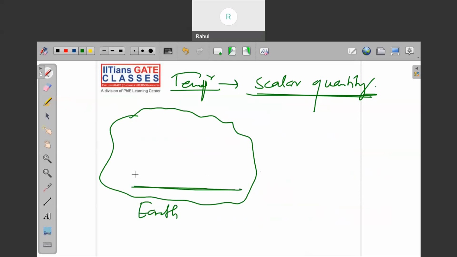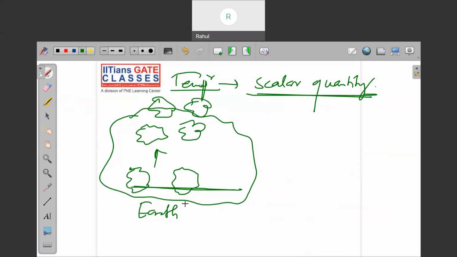The temperature at this point is something, and once we move here, it is something else. Sometimes the temperature is the same on the earth, but when you go up the temperature starts differing, in all three directions with respect to space coordinates.